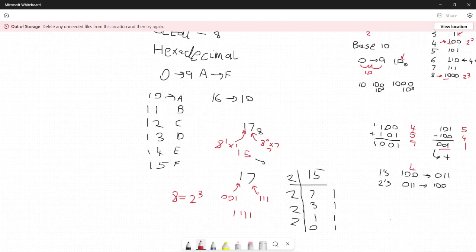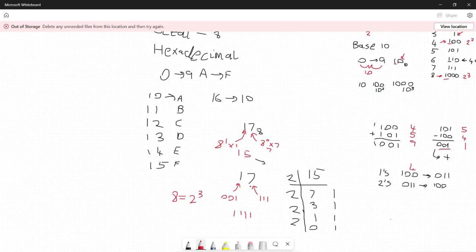So what this is essentially saying is this number here is 8 to the 1, which is our 2 to the 3.